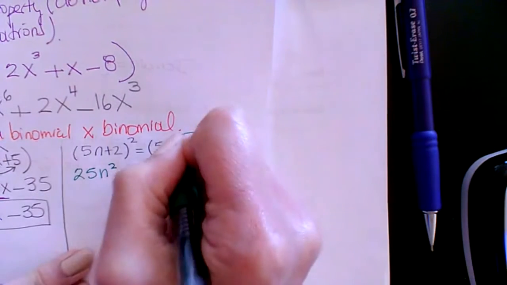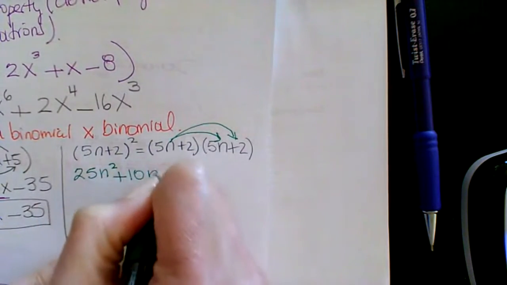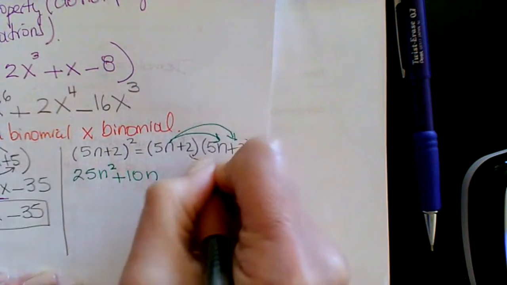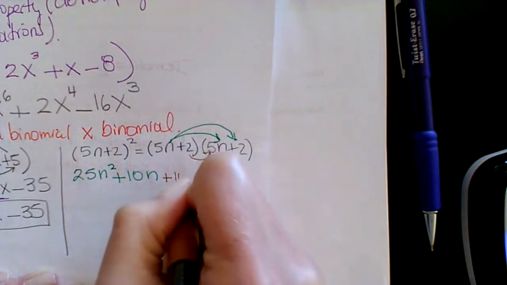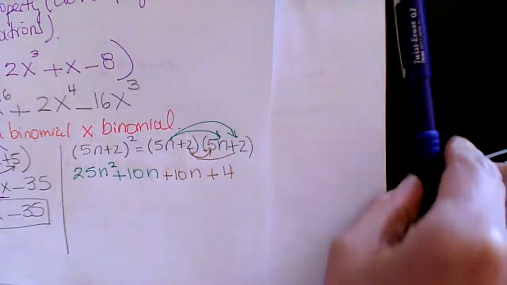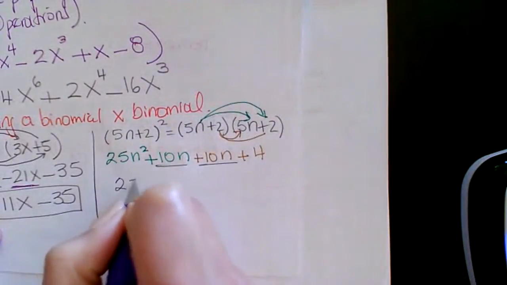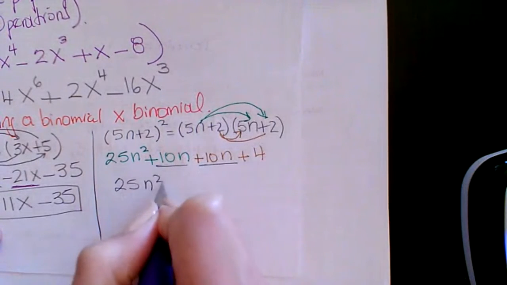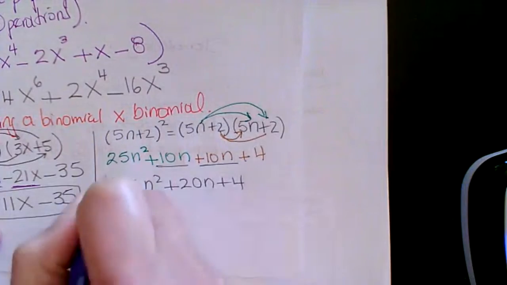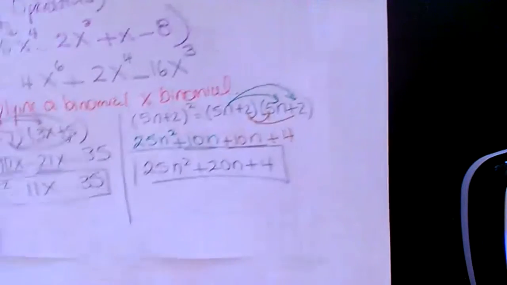Now, 5n times 2 is 10n. Then 2 times 5n is another 10n. And 2 times 2 is 4. So what is going to happen here? I'm going to combine the like terms. This is going to be 25n squared plus 20n plus 4. And that's going to be my answer.